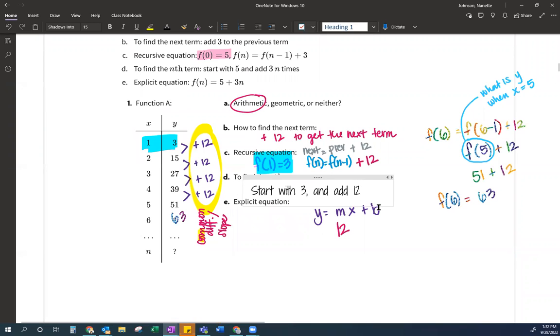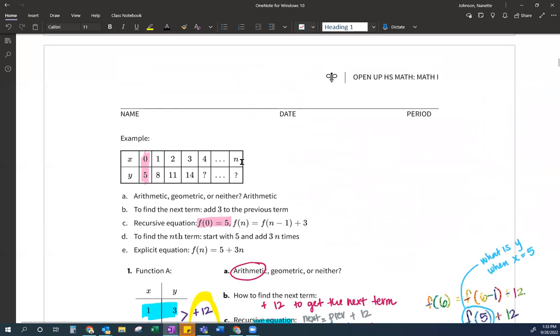Now, this is going to be the weird part. n minus 1 times. Ms. Johnson, why is it n minus 1 times? It's n minus 1 times because if I go to 3, how many times did I add 12? 1, 2. Got it?